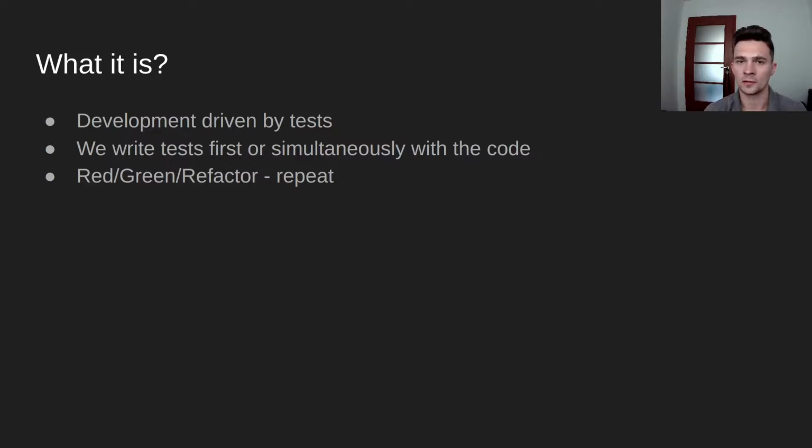Then we write some code that makes the given test pass, that's why we call it green. And then we refactor this code to make it better, more readable, and so forth, because it's not required in the first phase. In the second phase, the green phase, we just write some code that makes our tests pass.